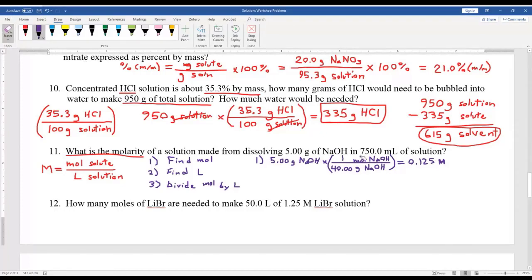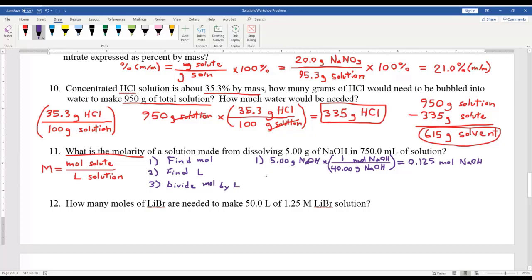I put a capital M. Moles is lowercase m. Did anybody else get 0.125? So there we go. Yeah, I'm not crazy. Well, I may be crazy, but at least I'm not wrong.